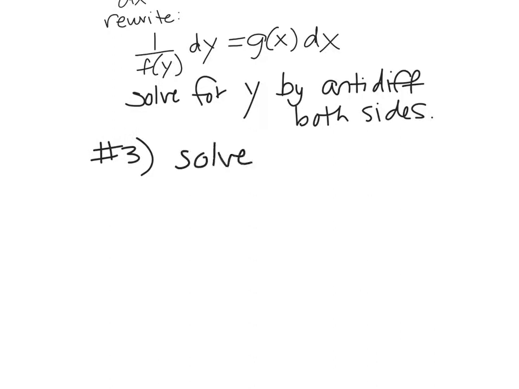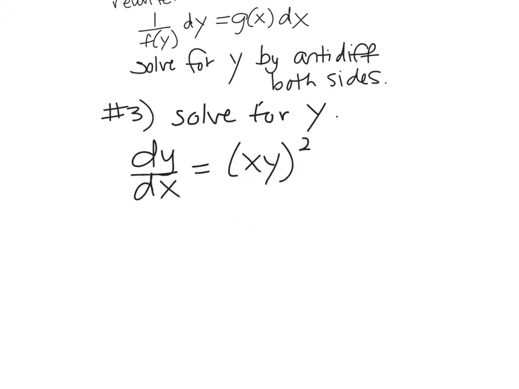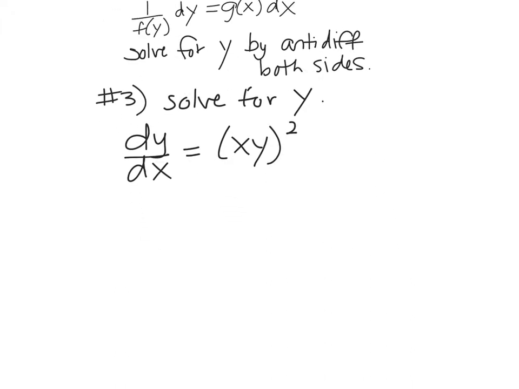And it's going to be a derivative equation, so we have dy dx equals xy squared, and we're going to solve for y when y equals 1 and x equals 1.